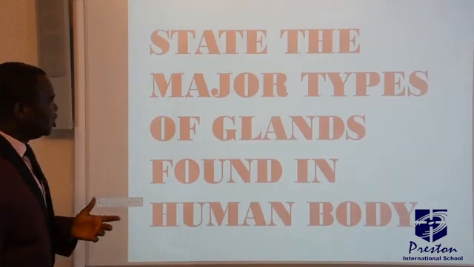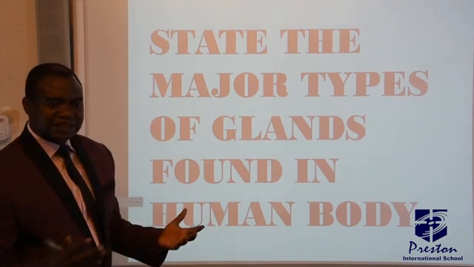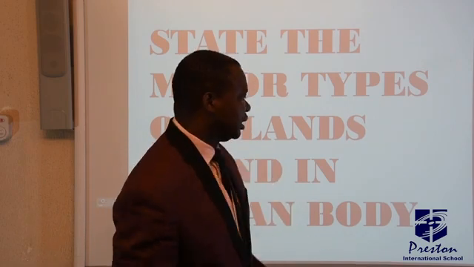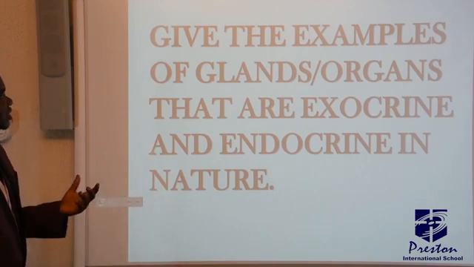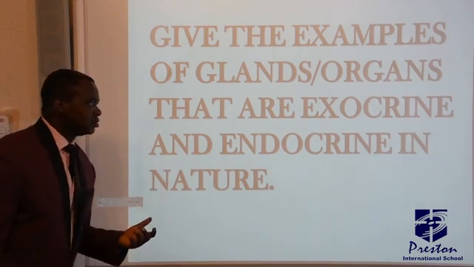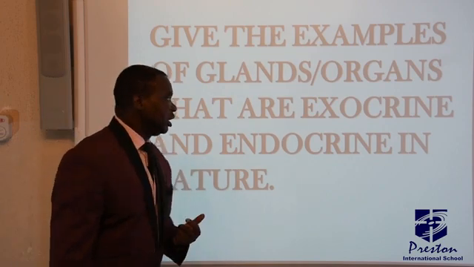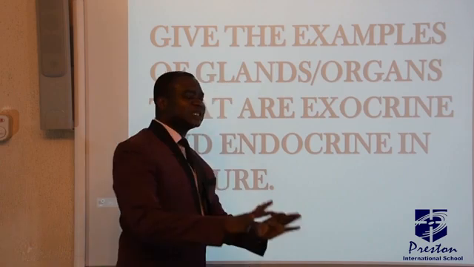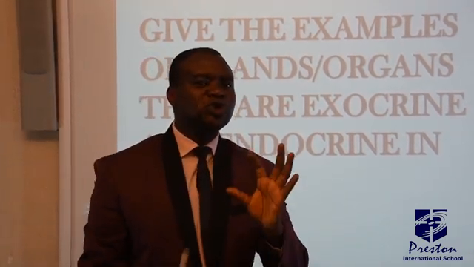Then we want to state the major types of glands found in the human body. Like I said, salivary gland is a gland, pancreas is a gland, and many other more like that we have in our body system. Then we want to give the examples of glands or organs that are exocrine or endocrine in nature. The word exocrine is talking about those glands that produce their secretion into ducts.